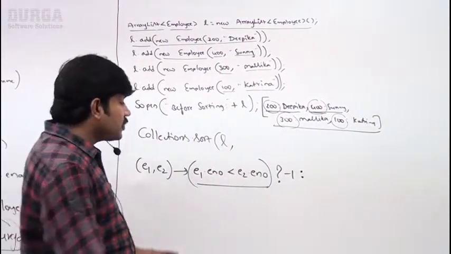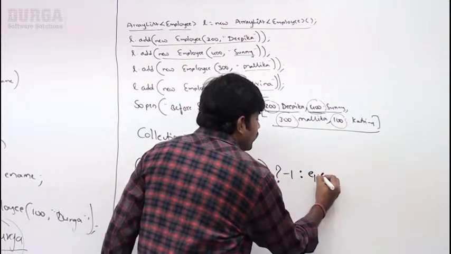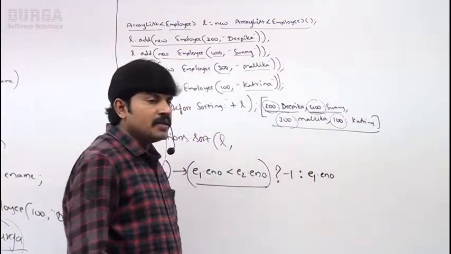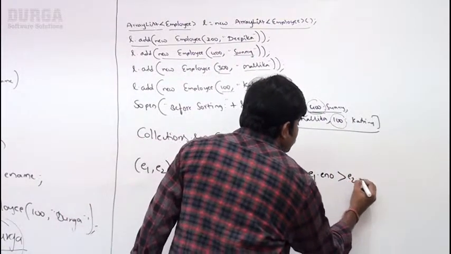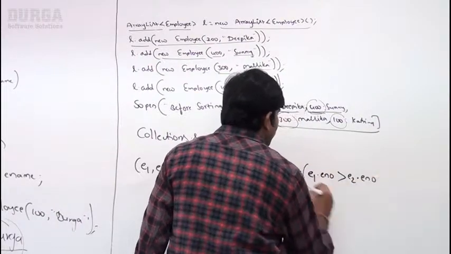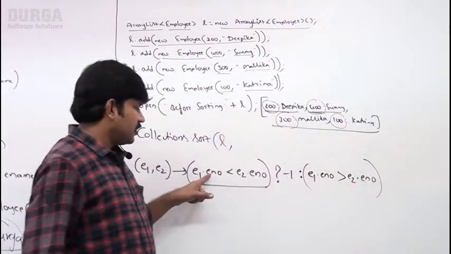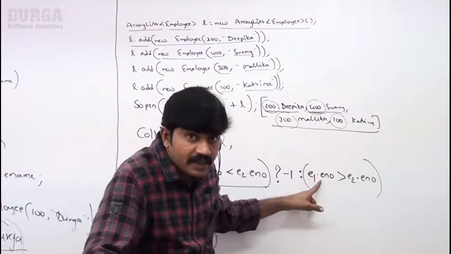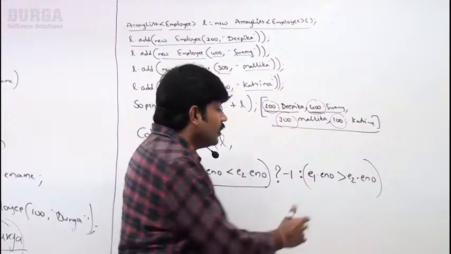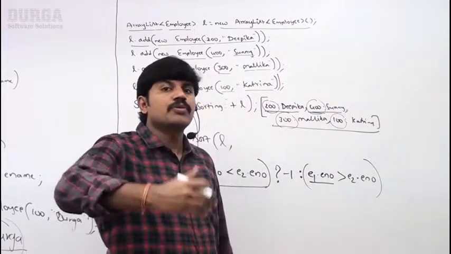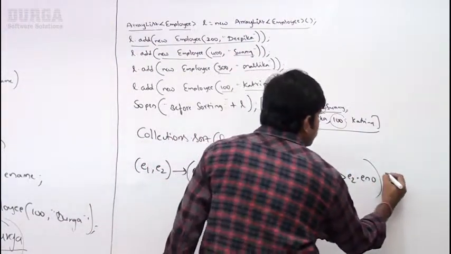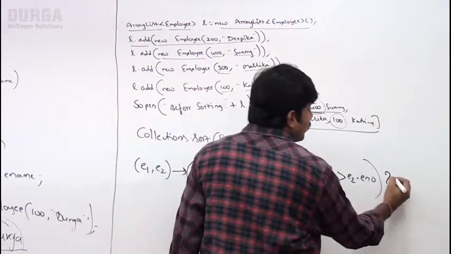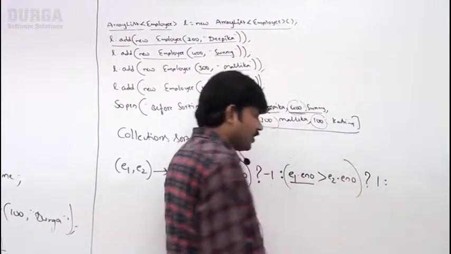Sir, if the first employee number is greater than the second employee number, then the greater employee should come after. That's why, sir, question mark 1, a positive number.